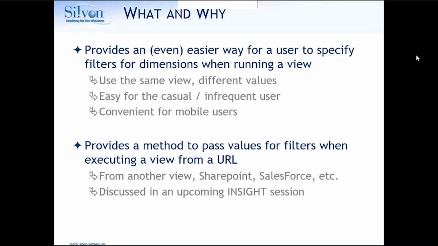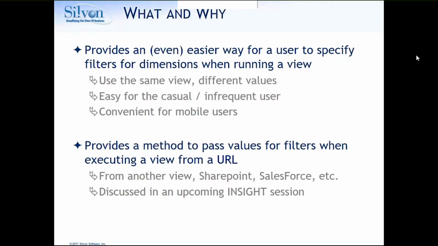It's also a very easy way to provide the filtering for casual, or what I would call infrequent, users of Viewer. So maybe they're folks that use Viewer every once in a while, get their numbers, but they're not really sitting there at their desk analyzing the data. They want the latest sales figures, what my open orders look like, what the inventory looks like.